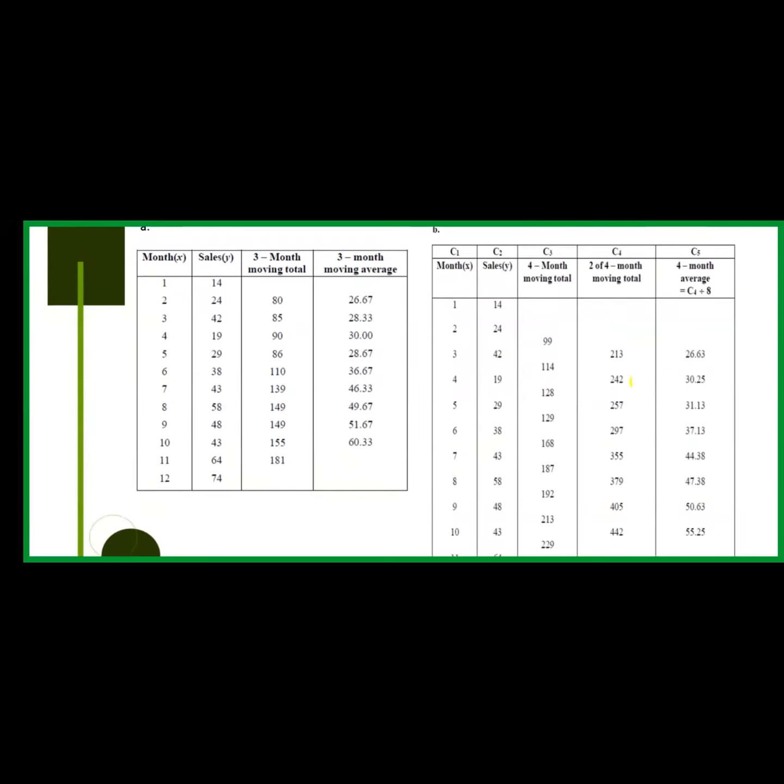So do you get that part? Let's move to the next column. Do you get that part? Yes.